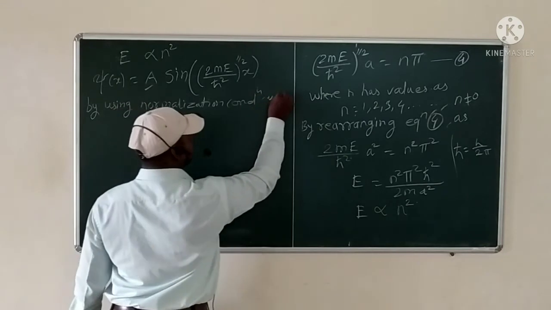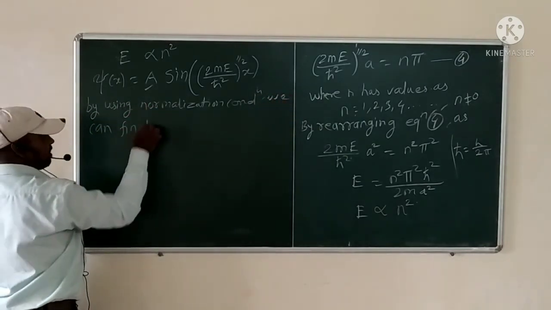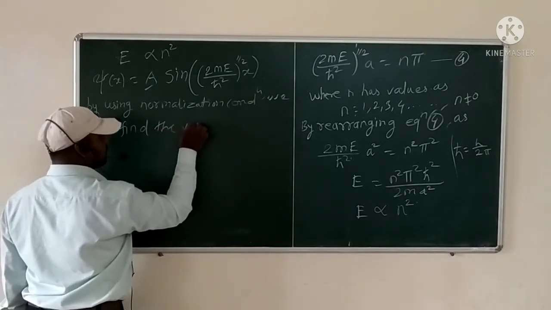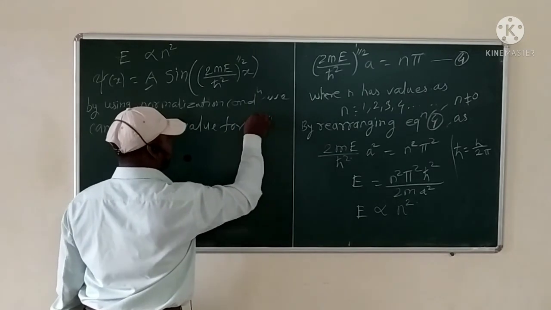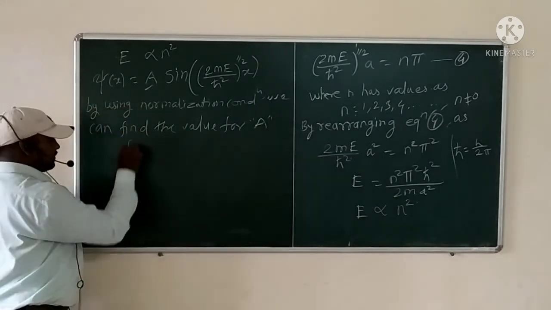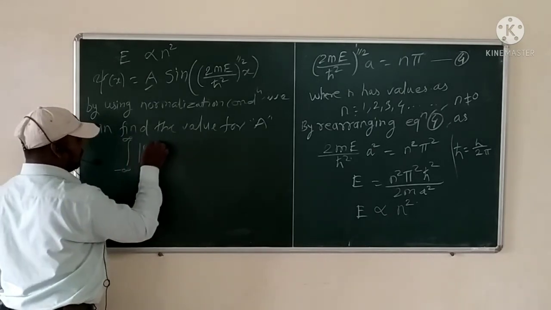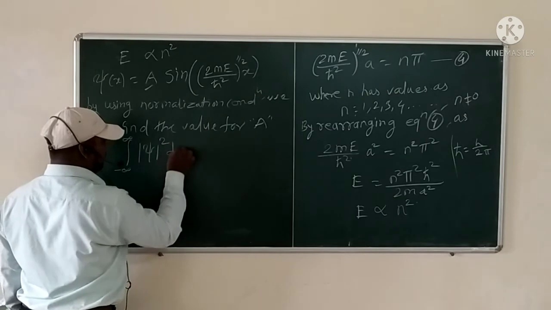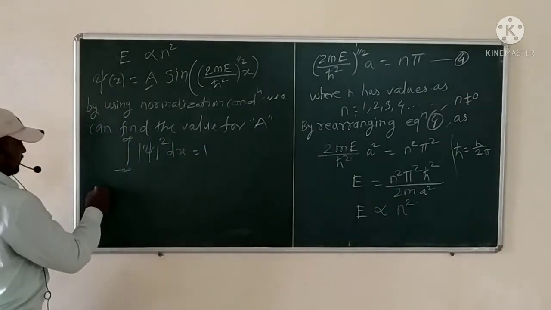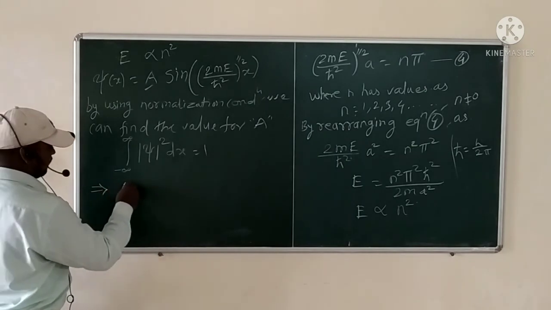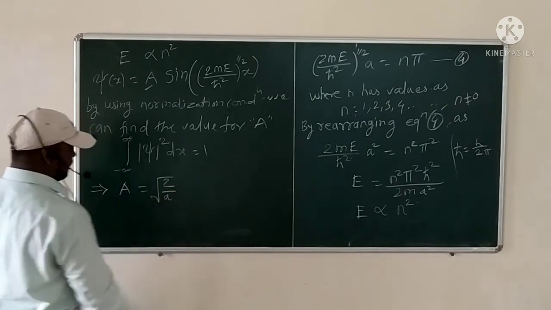We can find the value of A, and that normalization condition, when we integrate from -infinity to +infinity the mod psi square dx for one dimension, is equal to 1. This gives us the value of A as the square root of 2 by a.